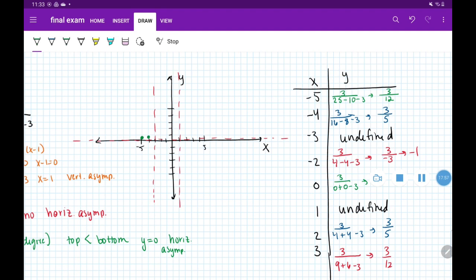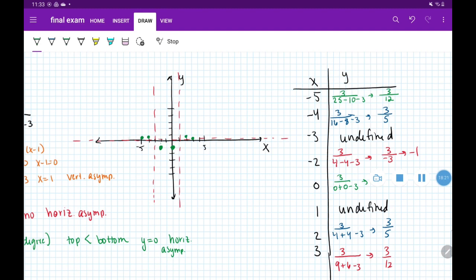Really bigger. -2 and -1. 0, -1. 2 and 3/5. 3 and 1/4.